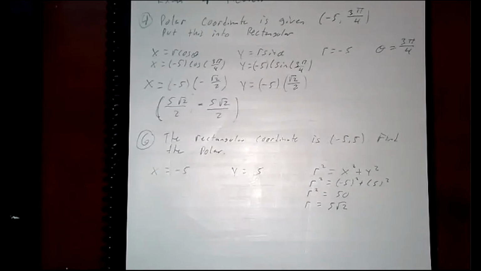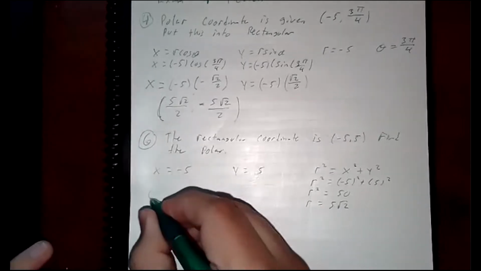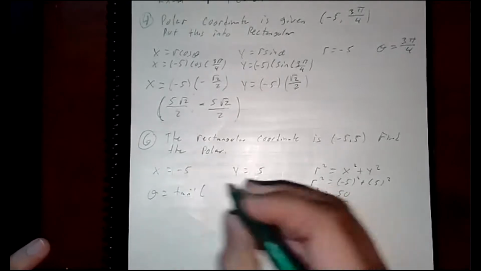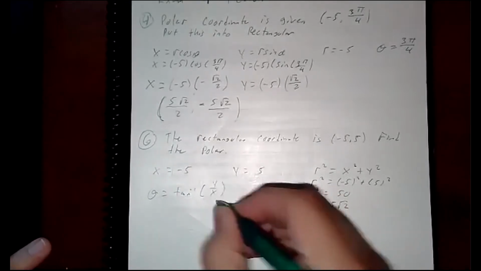I think it's y over x, but I may double check before I commit to that. Yeah. All right. Pretty sure theta would be equal to tangent inverse of y over x.